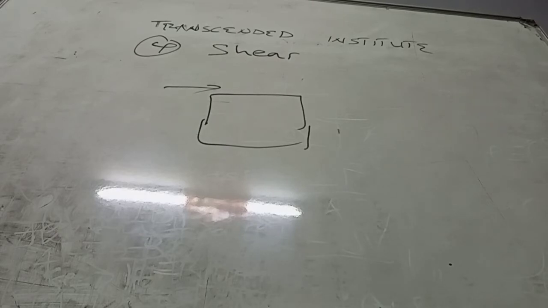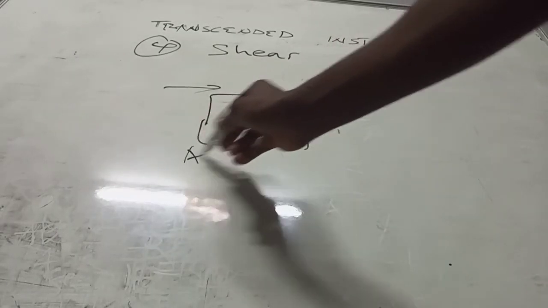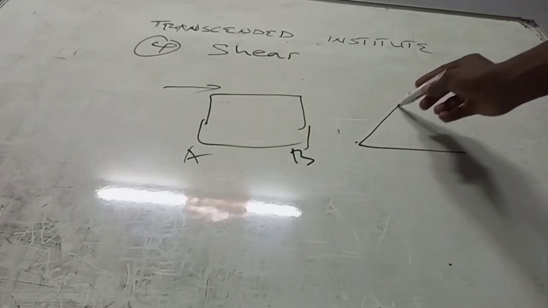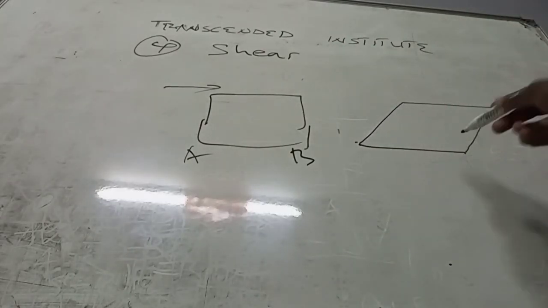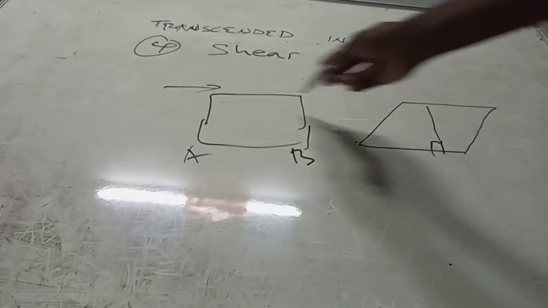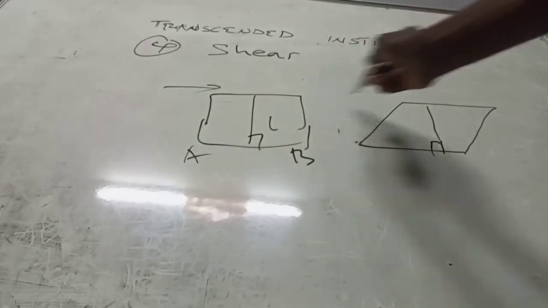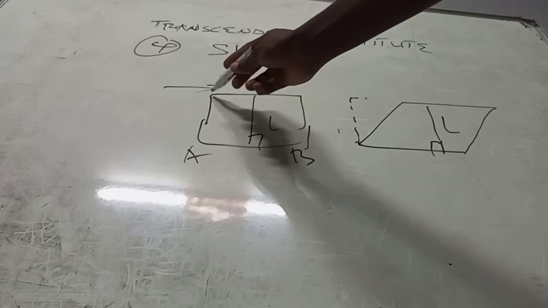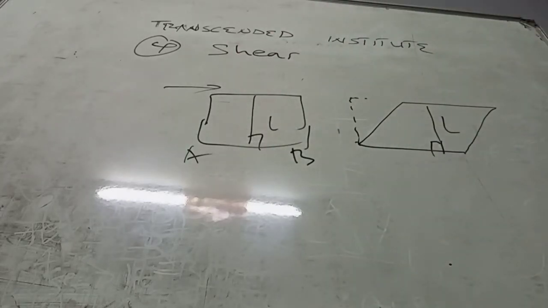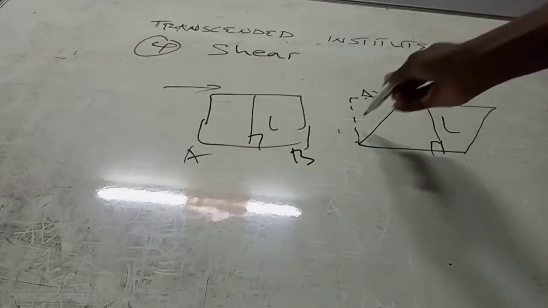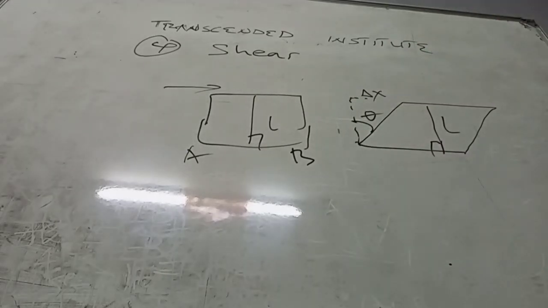So what is going to result is that these points A and B are going to be maintained, then it's going to slant on top. All right. So the height is going to be maintained. Okay. So what is still going to be the same? L. So we're going to call that this point has moved, so that it becomes slanted. That is going to be called the change in x, and this is going to be called angle theta.